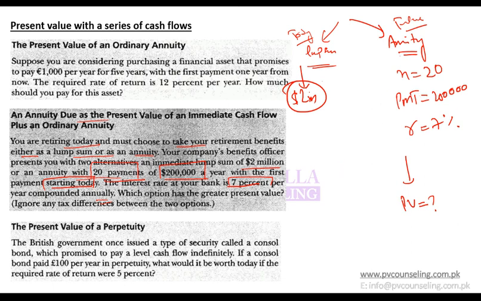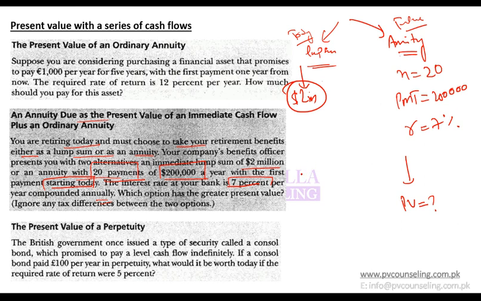And how do you find it? You just plug in the numbers: 20, 200,000 is your payment, 7 is your I/Y, 0, compute PV, 2.121. Okay, but this is an annuity due, so you would have converted your calculator to begin mode.